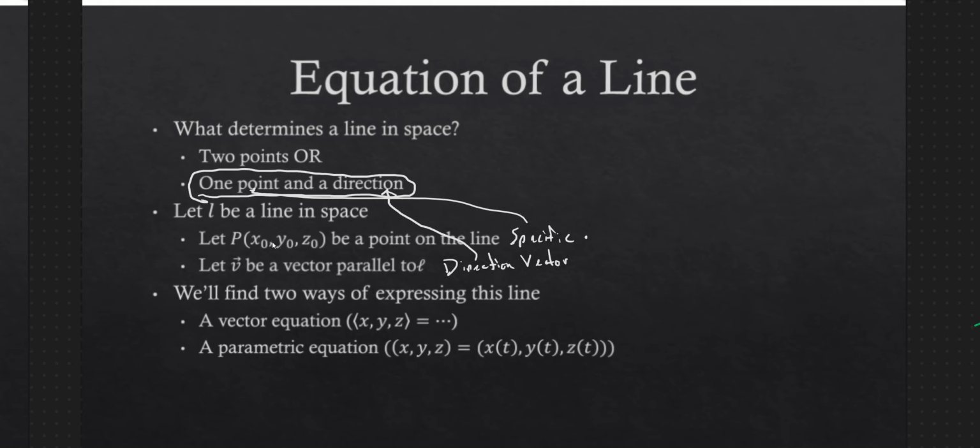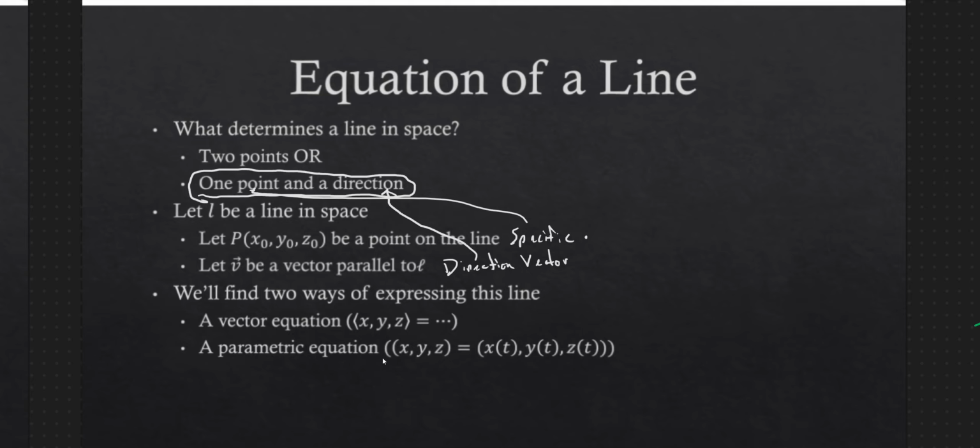We'd like to take these two things, a point and a direction vector, and spit out an equation of the line. There's at least two ways we're going to think about expressing that line. One is a vector equation, where we see the vector x, y, z equal to some function of a variable t.